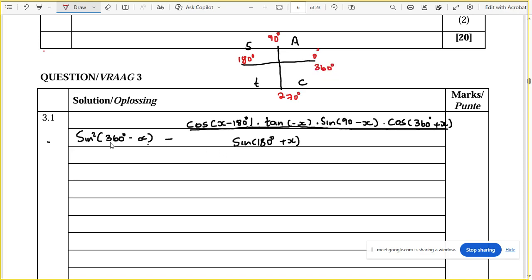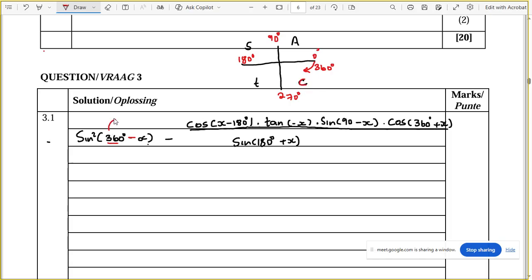Look at this. Let's first work on reducing the sine squared of 360 minus theta. If this is 360 and I minus, I go in that direction. So this tells you that this is quadrant 4. In quadrant 4, only cosine is positive.